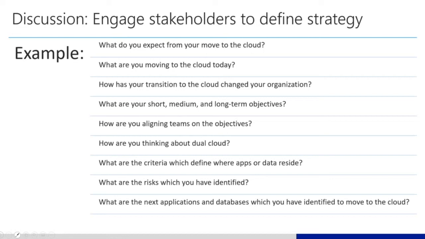For example: what do you expect from your move to the cloud, why are you moving to the cloud today, what's the most important thing you would like to achieve, what are the objectives, do you consider hybrid cloud, which kinds of applications and data are you migrating first, what kind of risk have you identified? If you ask these questions, you will get a lot more idea about whether they have a cloud strategy. Do they have a mapping of motivation, business outcome, business justification, and other things?